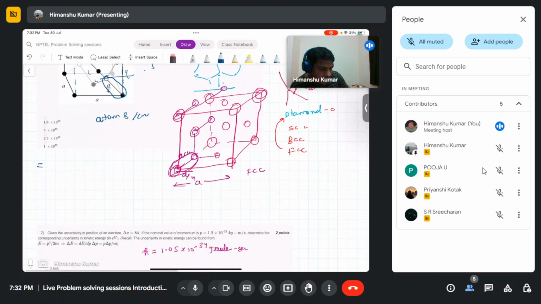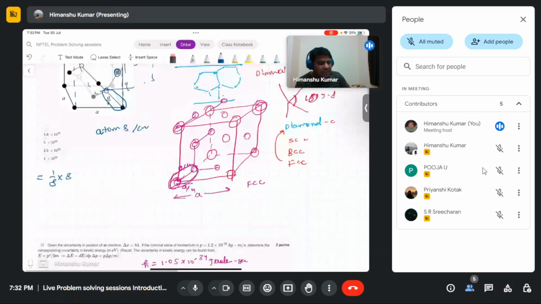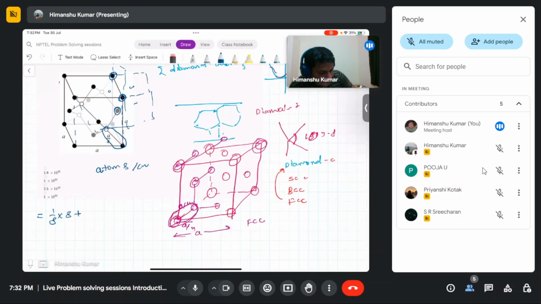So the total number of atoms in this unit cell is 1 by 8 contribution multiplied by 8 atoms. Plus these are the face ones, and these face atoms are half shared. This face atom is just shared by the next nearest neighbor unit cell because this is repeated.